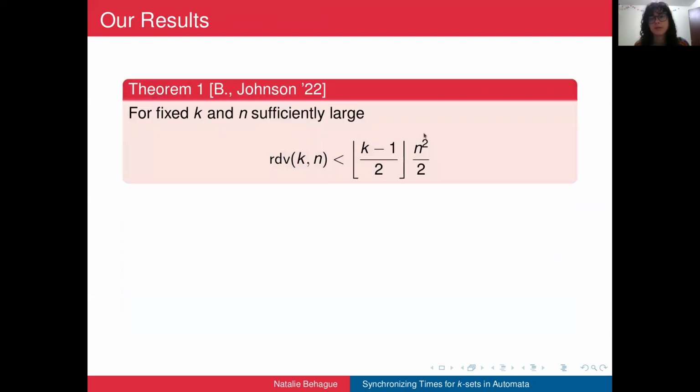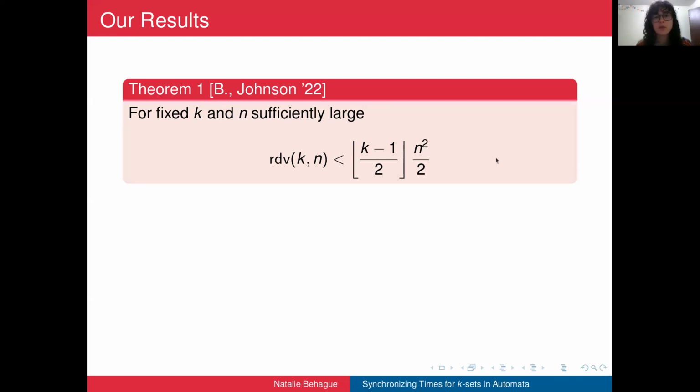This bound is more like k minus 1 over 4, at least if k is odd, times n squared. So it's a factor of 2 improvement on the standard application of the Frankel-Pin theorem.